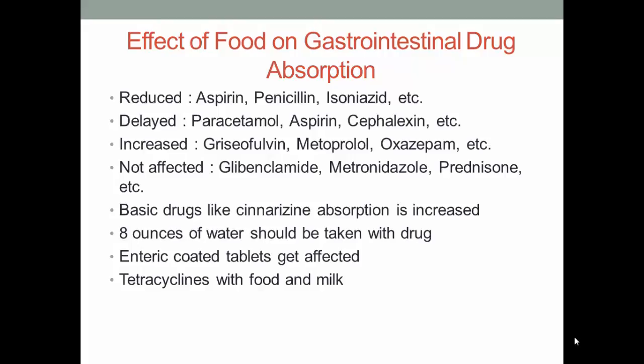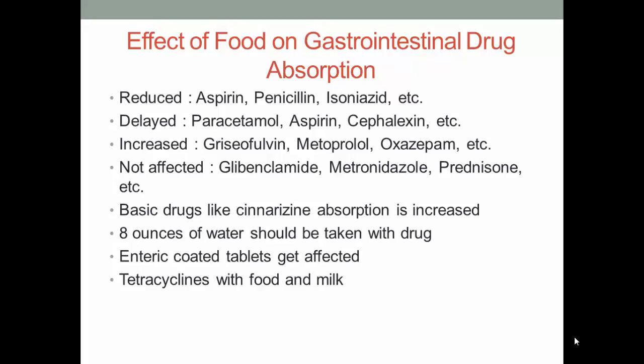Generally, we take it 1 or 2 hours after the meal, and if you take food of high fat content, you may have to wait 3 hours after the meal, so that the drug is easily absorbed into the body.